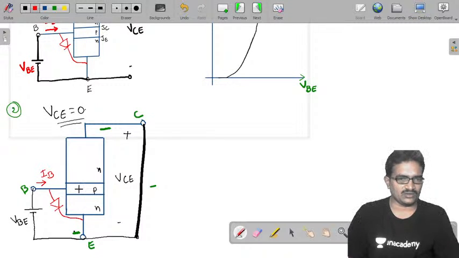Previously, let us assume 100 holes in this base region cross the junction, and due to those 100 holes you get the current.